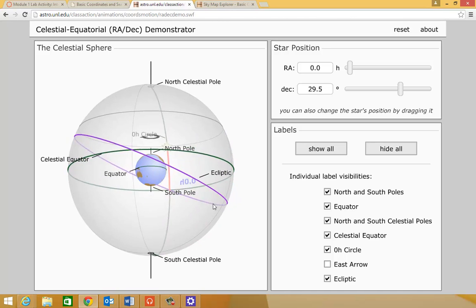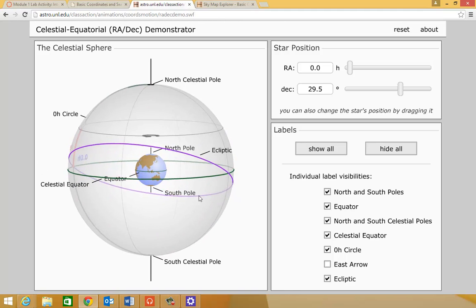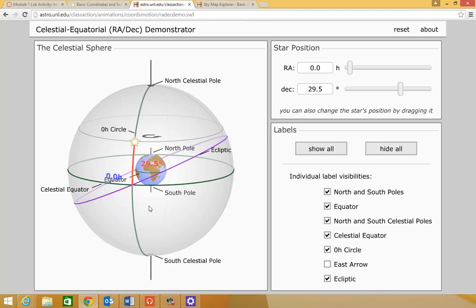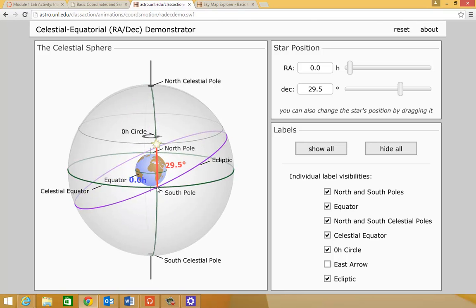And so we define zero hours right ascension as being where the ecliptic intersects the celestial equator when the sun is going from south to north. Okay, so this is essentially in the spring, the vernal equinox.